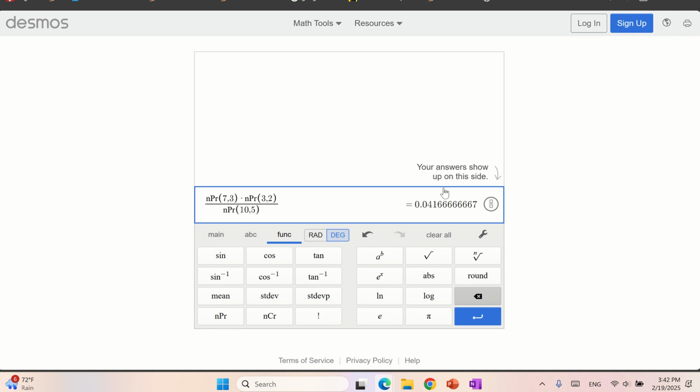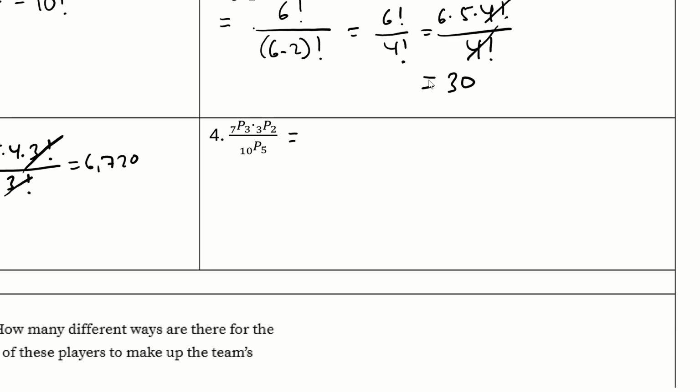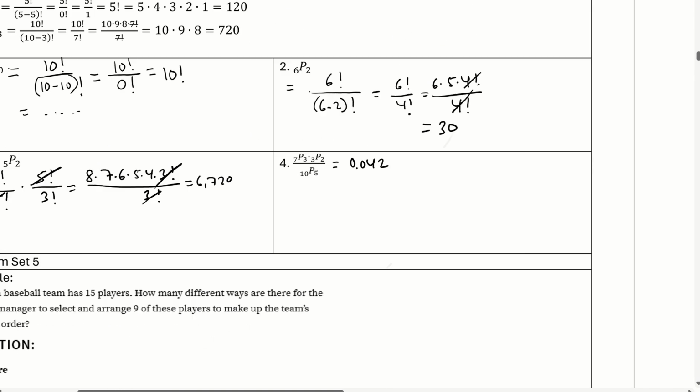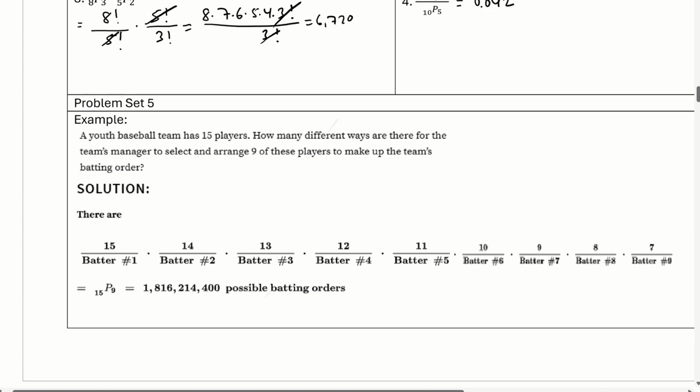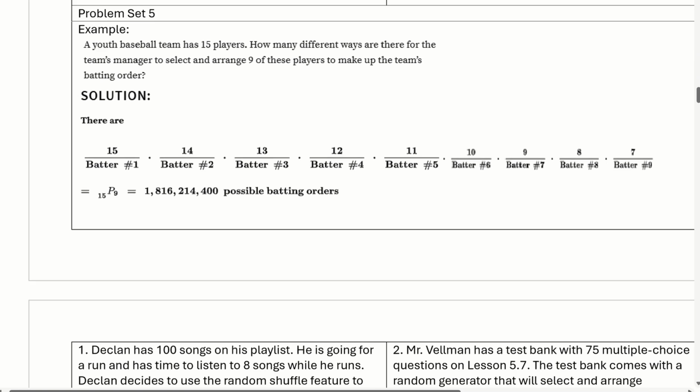Okay, there you go. And there you go. So we get 0.042 for our answer. And you could just use the answer, right? You don't have to worry too much about it because there are so many permutations in there. It'll be a pain in the butt to write all the factorials.